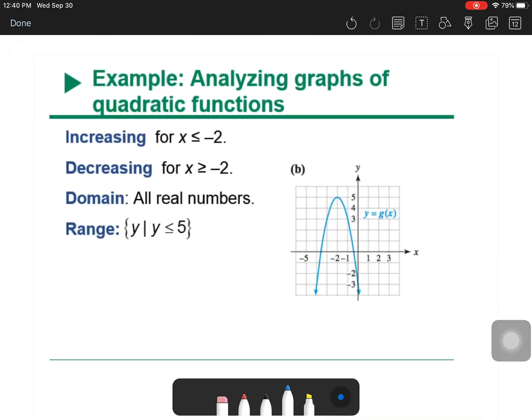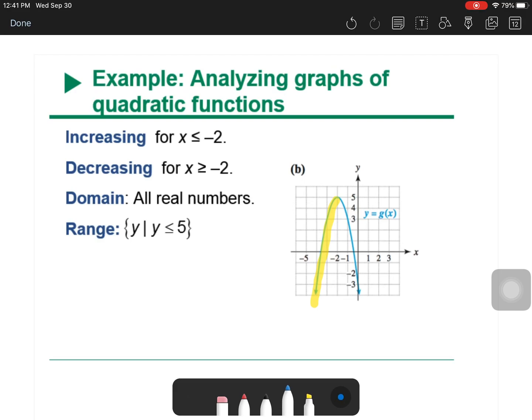Okay. They'll also sometimes ask us to list where the parabola is increasing, where it's decreasing. And so the x coordinate of the vertex is the important changing point there as we read it from left to right. Now, typically we've done these in interval notation. So this part of our parabola is increasing, and then it's decreasing as we move past that.